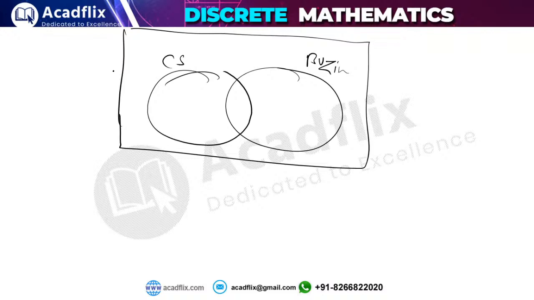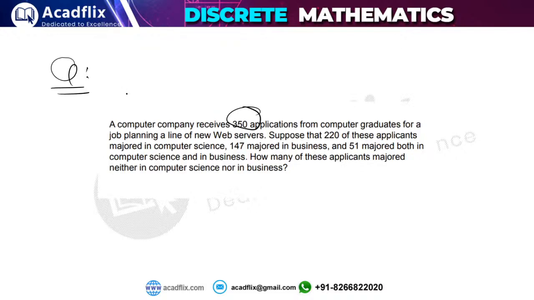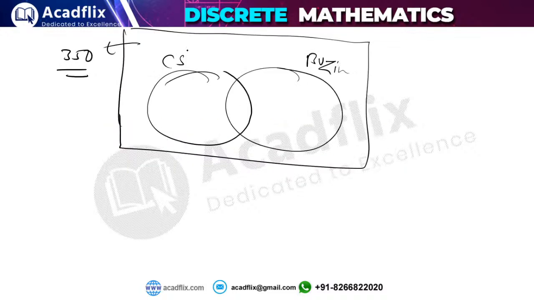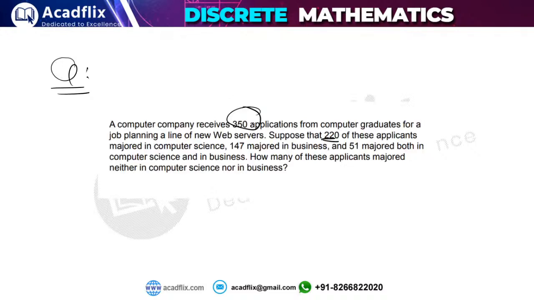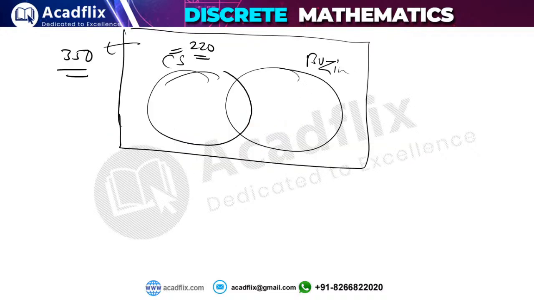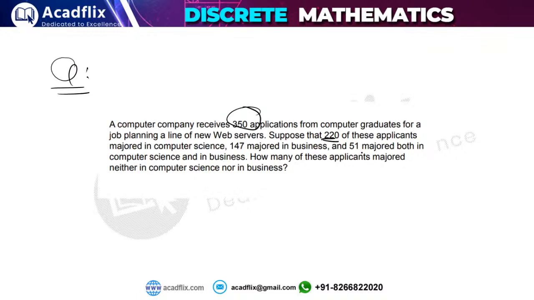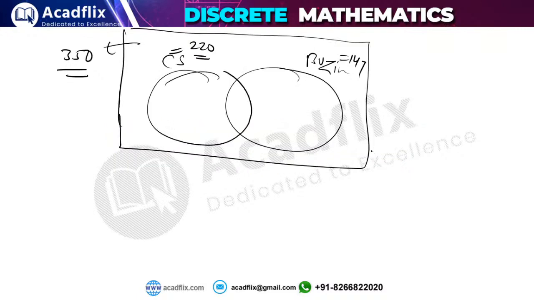In set theory we have already seen the Venn diagram. 220 are computer science applications, 147 are business applications, and 51 are both computer science and business. Basically 51 are common.